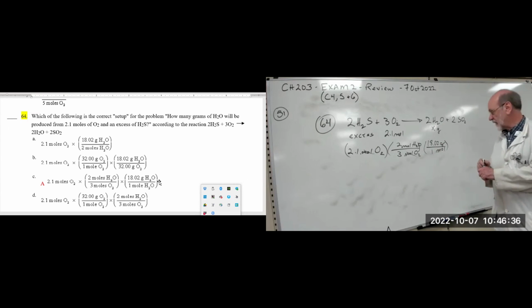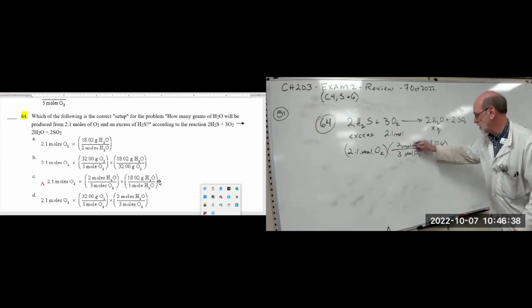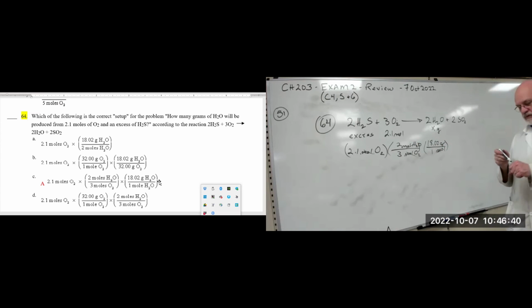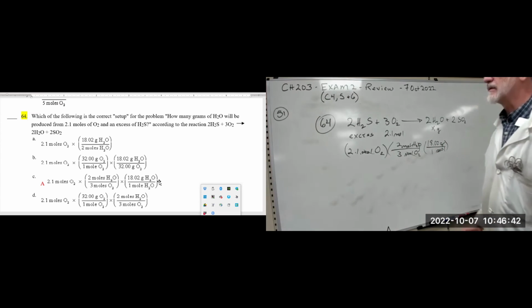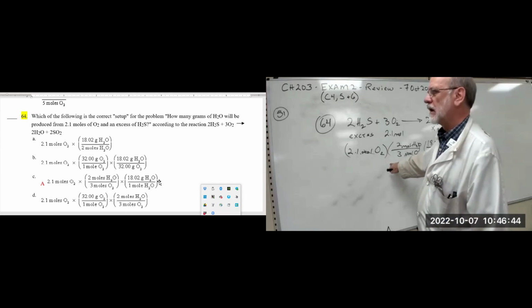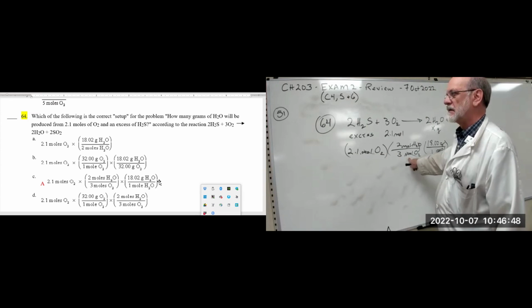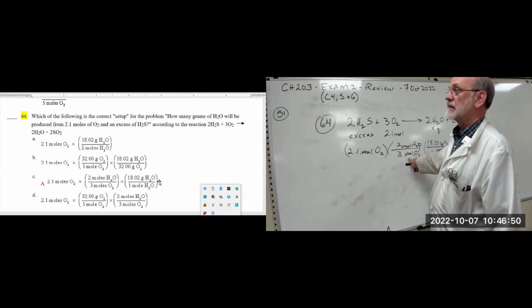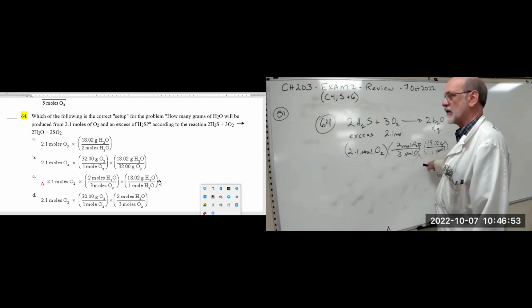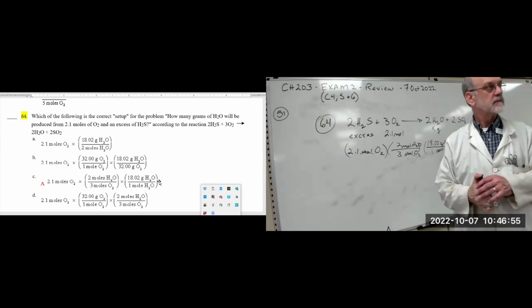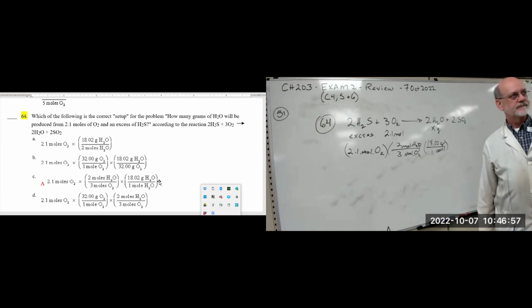Right? So that will get us to grams of water. Now, which one matches? Okay, they all start with this one. C? Yeah, C is the only one that matches that. Okay?